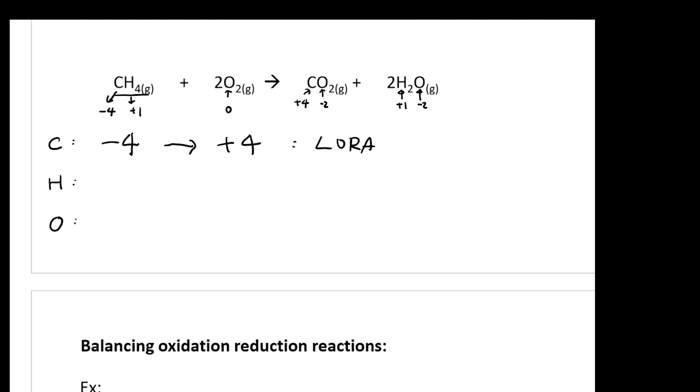Now let's look at hydrogen. Before the reaction, what is the oxidation number of H? +1, right? After the reaction, it's +1 too. So what does this tell you? It did not undergo any redox reaction. How about oxygen? Before the reaction, it is 0, right? After the reaction, -2. So it's gaining electrons, so it's your GROC.